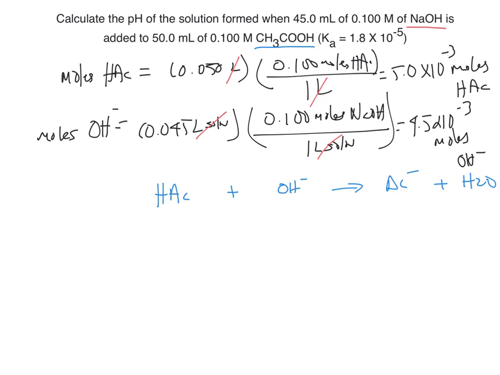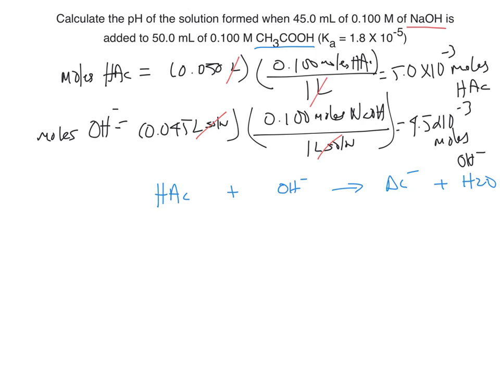So this is the neutralization reaction that has been done here by adding this sodium hydroxide to the acetic acid. We have acetic acid plus OH producing acetate plus water. So we need to determine the moles of each of them before and after the reaction.